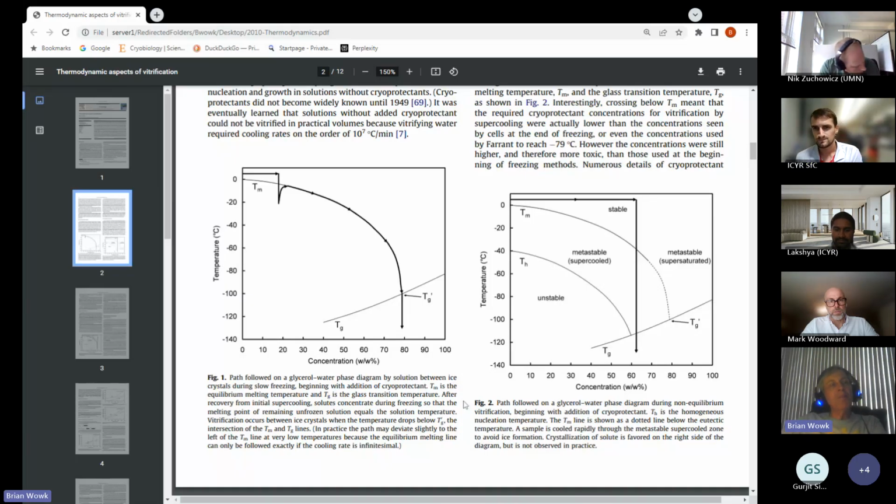I can explain that. What's going on is that at low concentrations of solutes, you have what's called Raoult's law, if I'm pronouncing that right, where you find that at low concentrations, the melting point is depressed by 1.86 degrees Celsius per mole of solute. So basically, that's the linear portion of the beginning of the TM curve here.